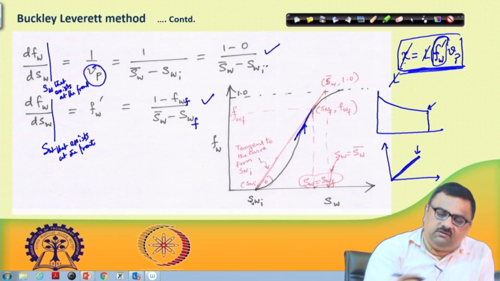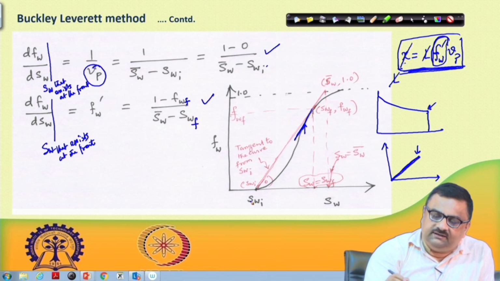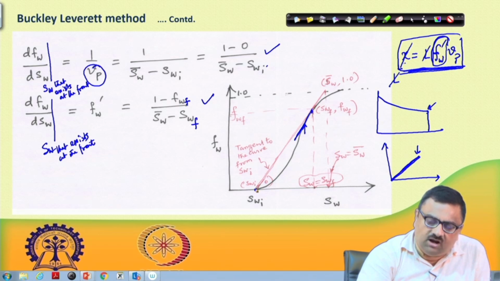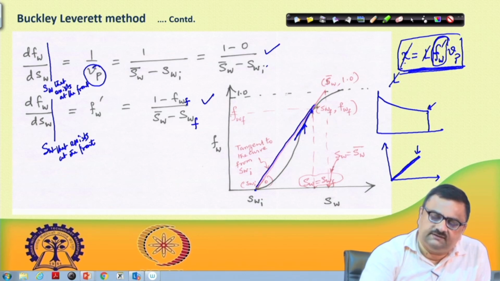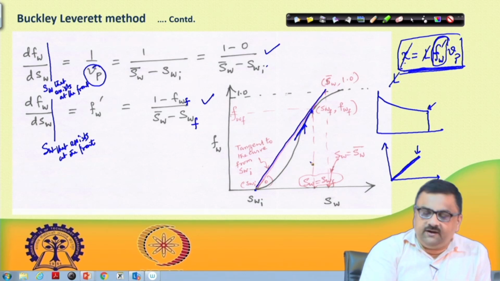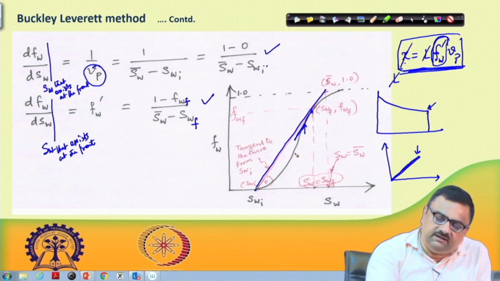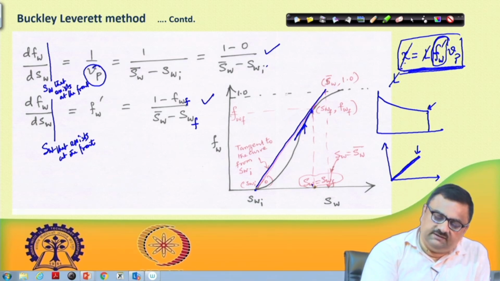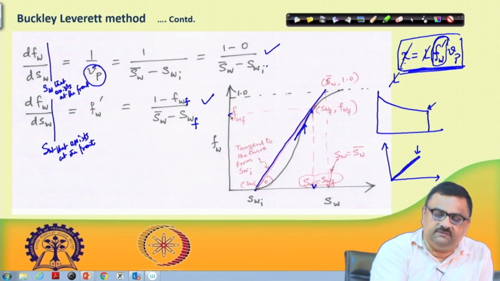So, suppose I propose that SWF is that point which is, if I draw from SWI a tangent to this curve, which is this tangent, wherever it hits the curve, that point corresponds to SWF and this corresponds to FWF.